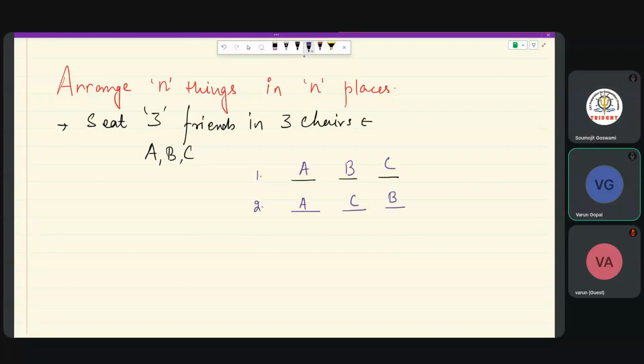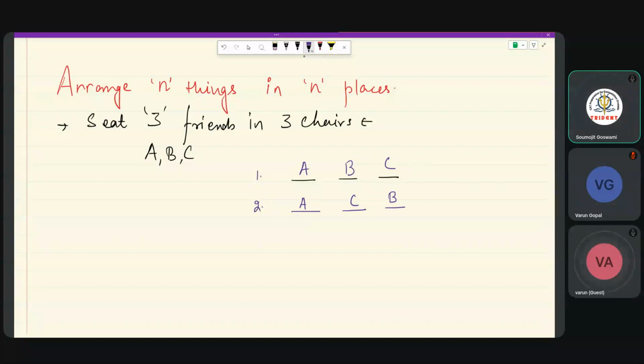So 6 ways. I'll wait for Varun to once give me the response. Take your time. Take 1 minute, 1.5 minutes, 2 minutes. With A in the first chair, B and C can be placed in 2 ways.